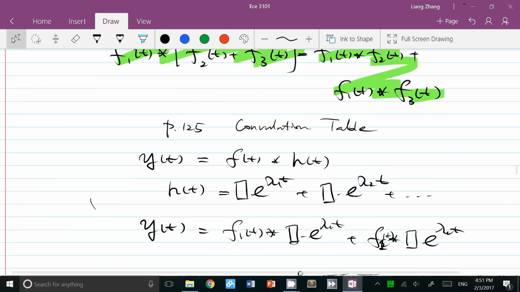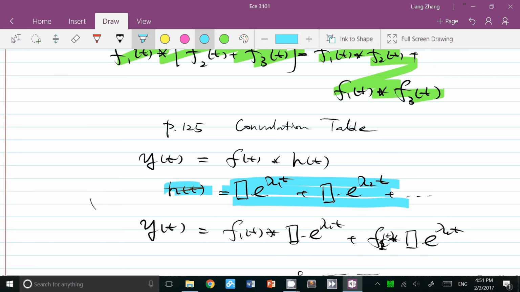We did an example and found that almost always when we figure out h of t, the unit impulse response, it also looks like this, e to the lambda t.